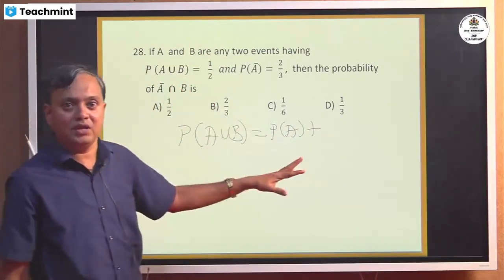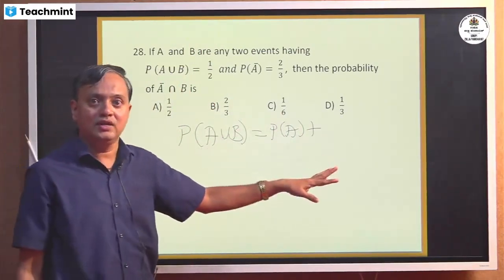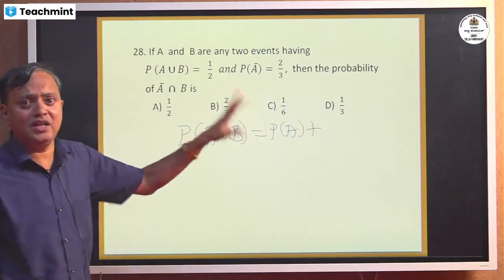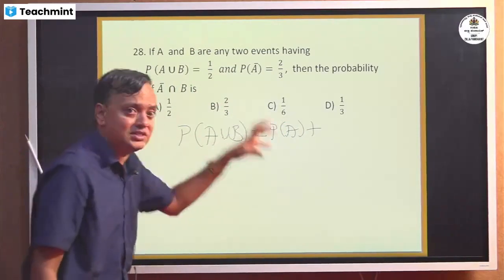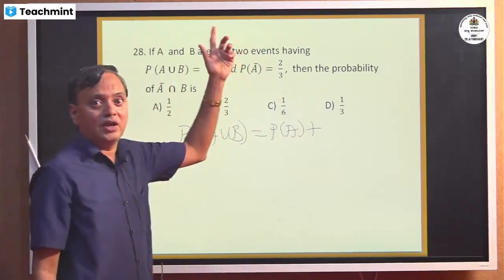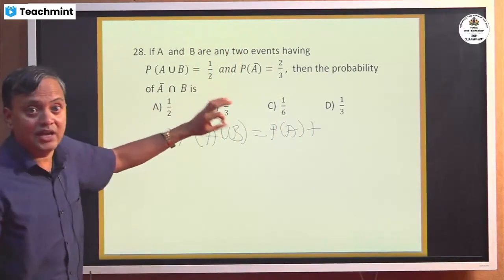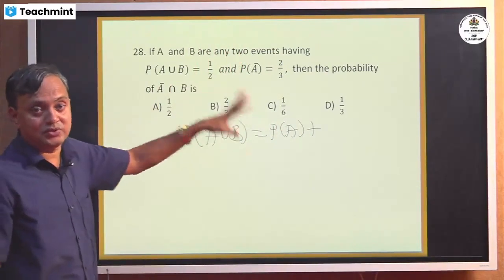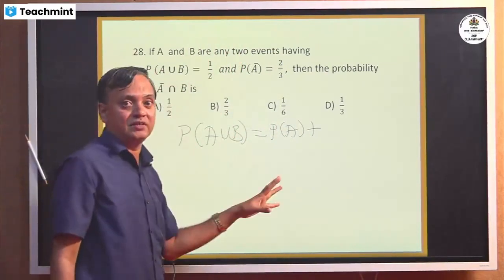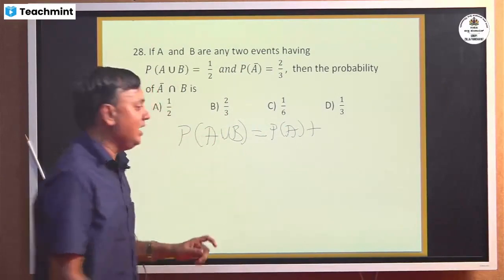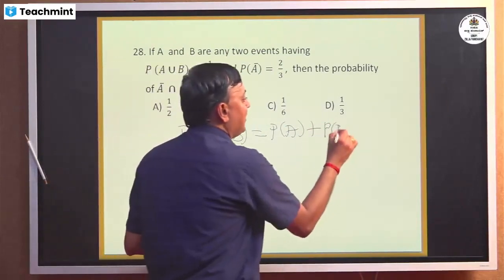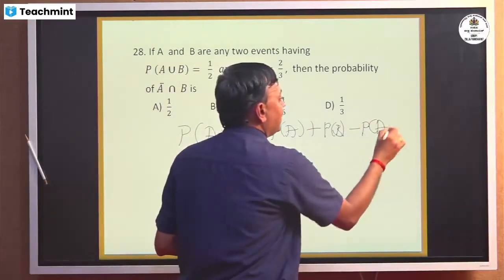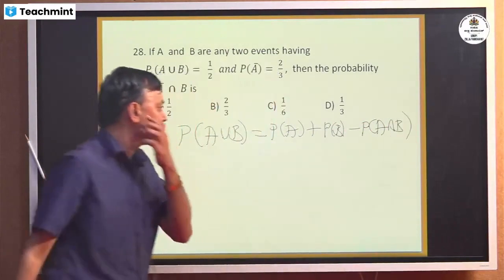Probability of A union B, probability of not A, and probability of any event. Only these 3, but these 3 are very important. Learn in second PUC; we will solve the problems in the second PUC chapter. This is basic. What is probability of A union B? P of A plus P of B minus probability of A intersection B.